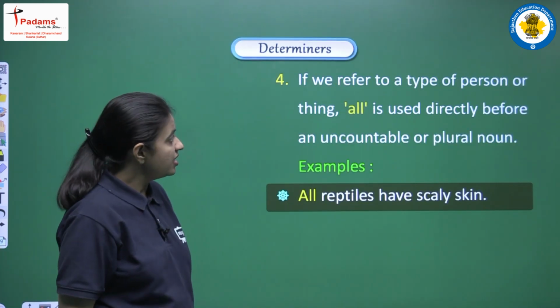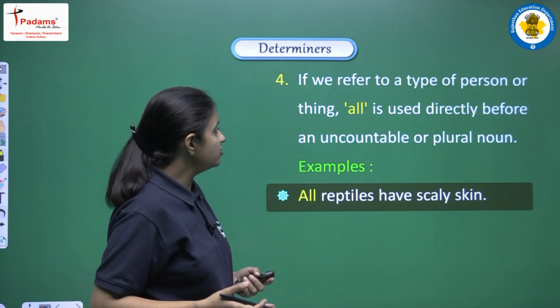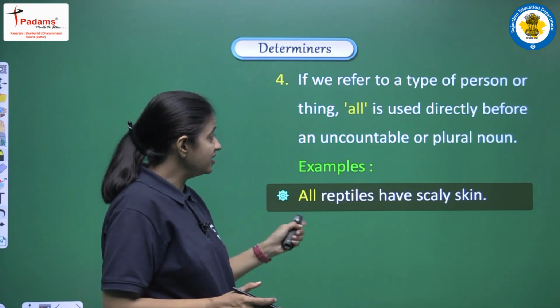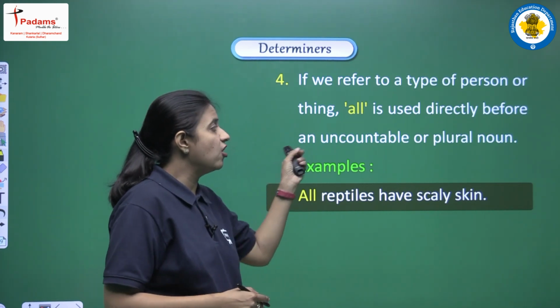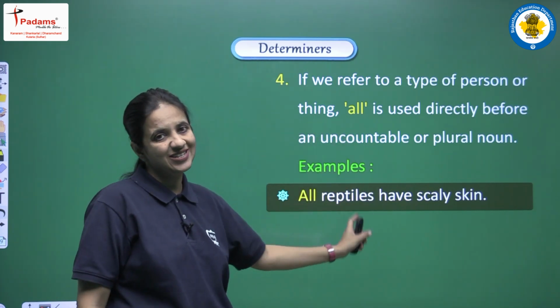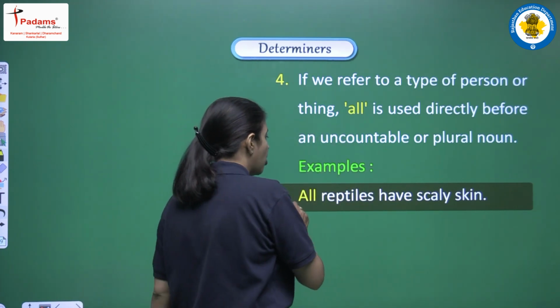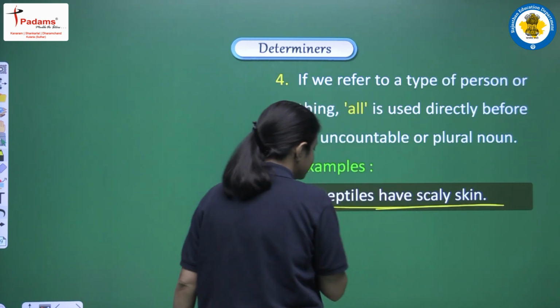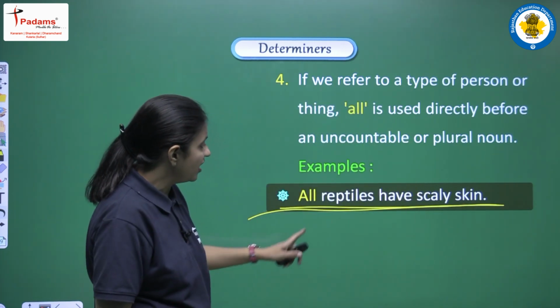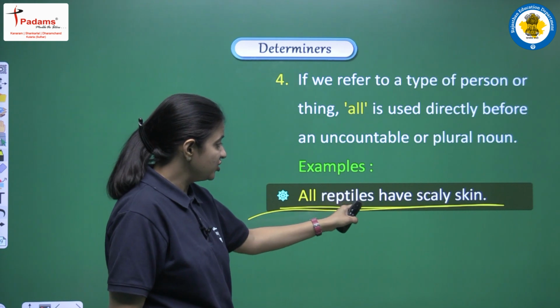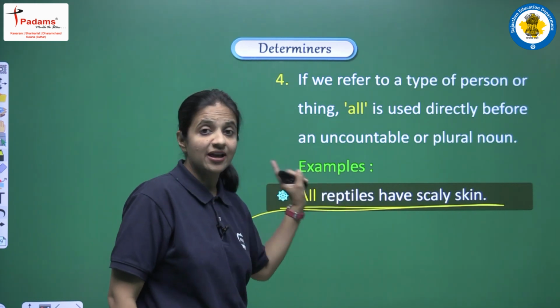Next is, if we refer to a type of person or thing, all is used directly before an uncountable or plural noun. So let's see what it means. We are having: all reptiles have scaly skin. So in this sentence we are talking about all the creatures that are in this category, reptiles, okay.